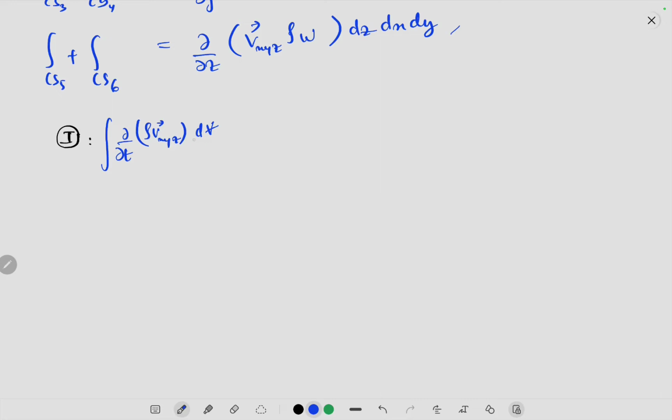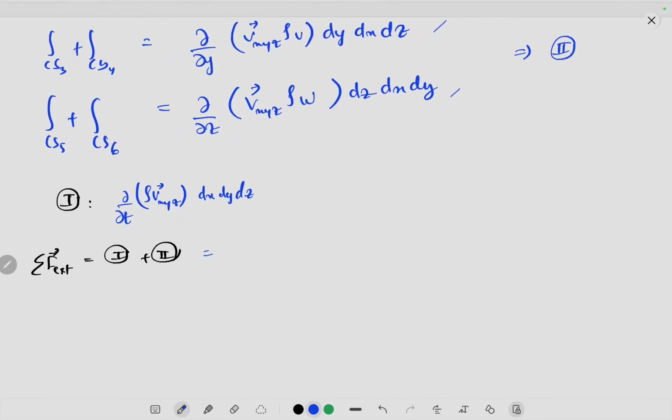Again using that dx dy dz are very small, I can remove this integral and write this directly as dx dy dz. Now the summation of f external will be 1 plus 2.